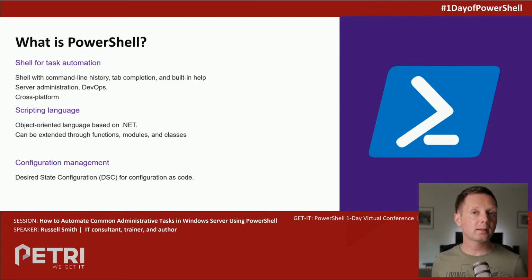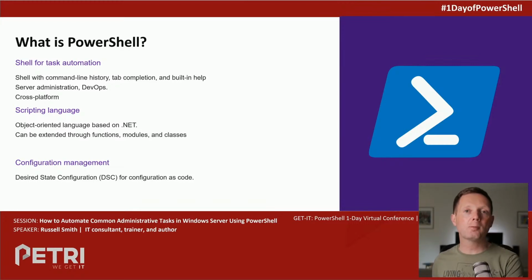So let's start by understanding what PowerShell actually is. Now it's a shell and it was designed for automating tasks and it was designed with the cloud in mind. So you can use it to automate tasks on 10 servers, 100 servers, 1,000 servers, regardless of where they're located. So they could be in your on-premises data center or geographically dispersed around the world in cloud data centers.